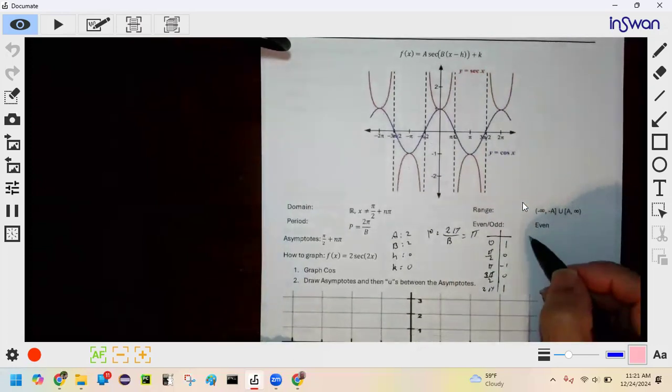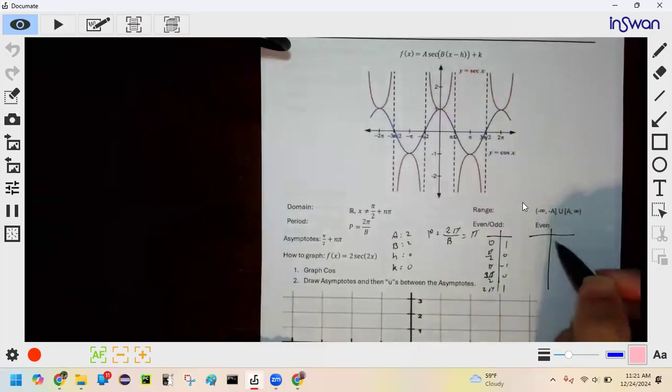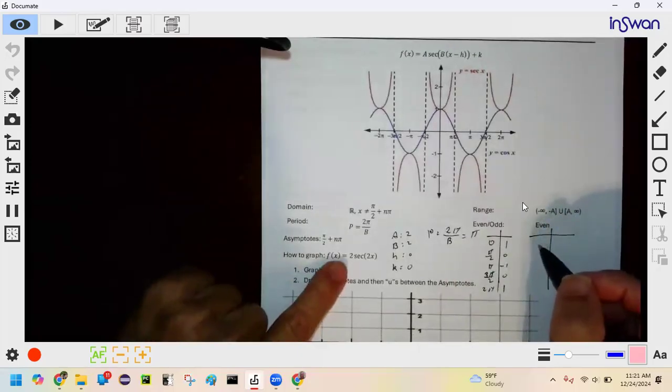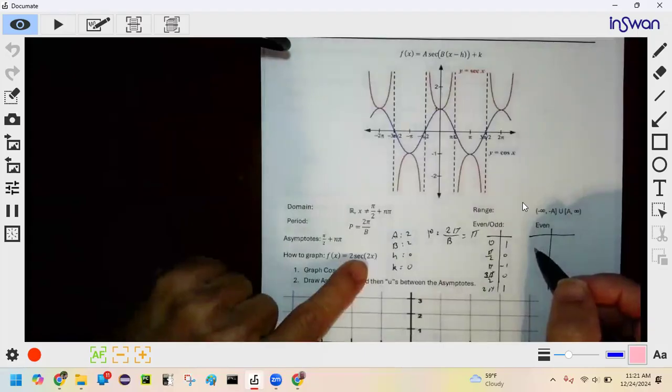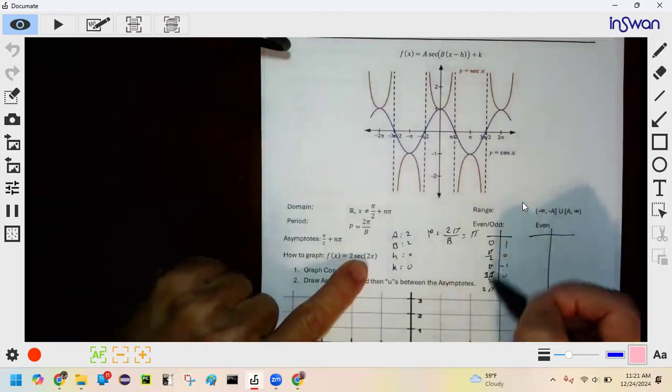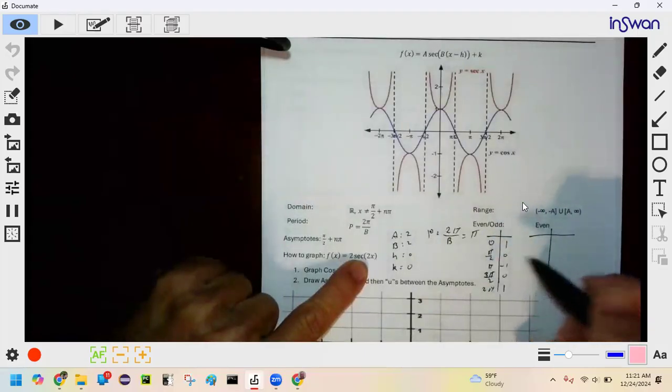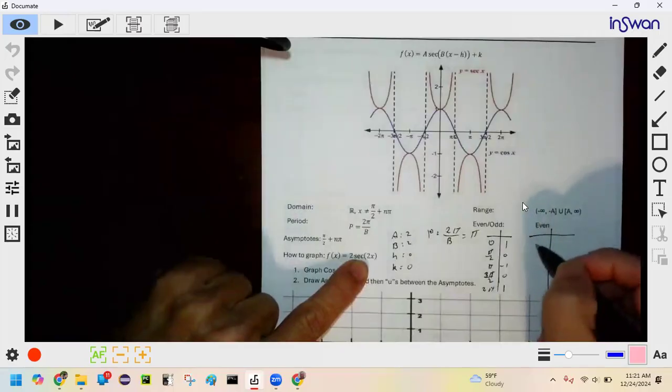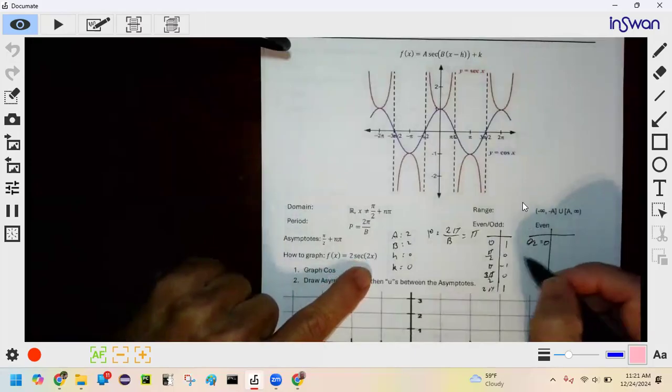Our new function has a vertical stretch and a horizontal compression. So we're going to divide these x-values by 2. 0 divided by 2 is still 0. Pi over 2 divided by 2 is pi over 4.